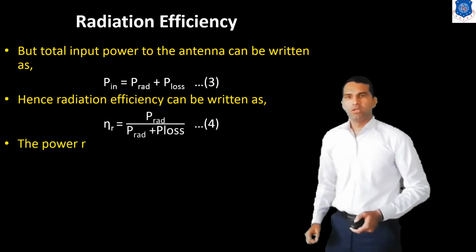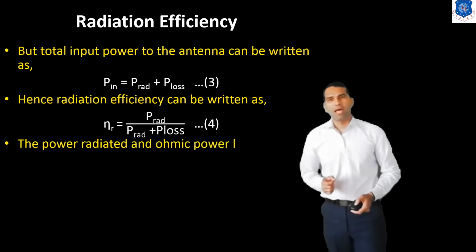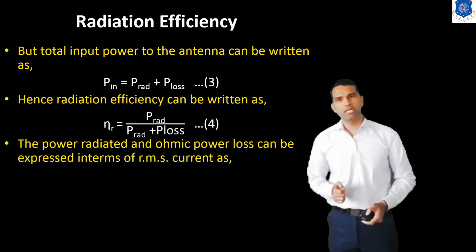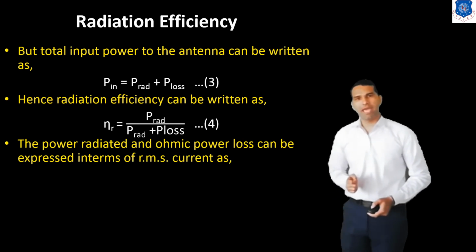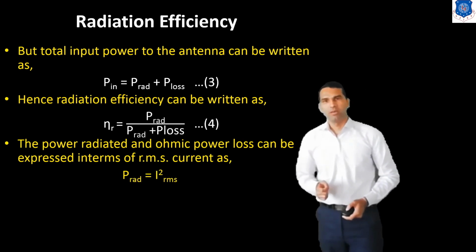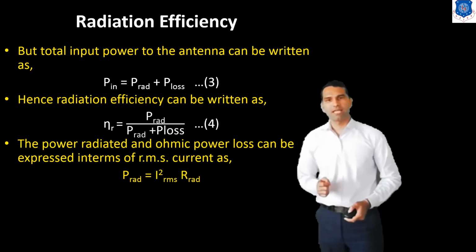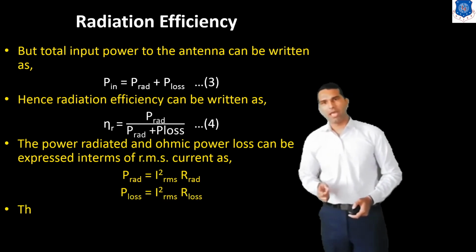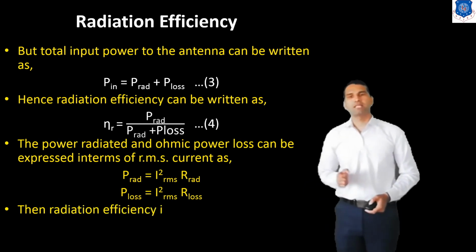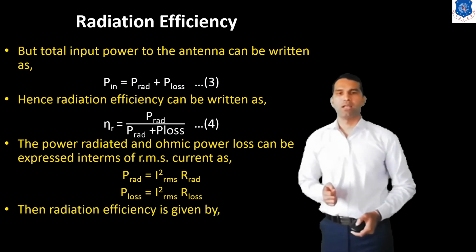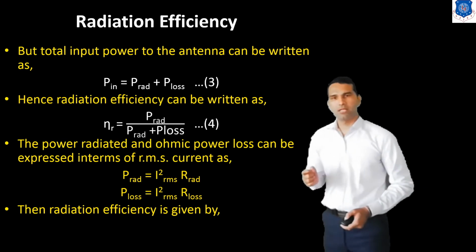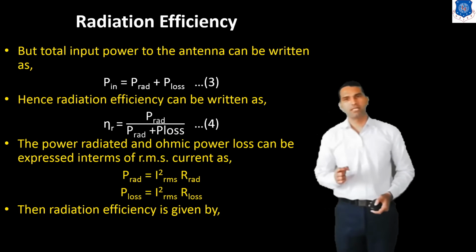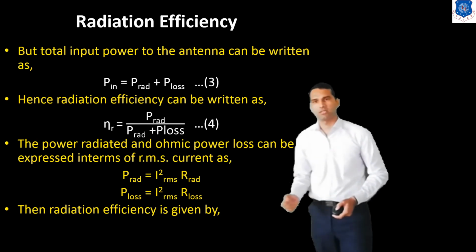The power radiated and ohmic power loss can be expressed in terms of RMS current as P radiate equals I squared RMS into R radiate, and P loss equals I squared RMS into R loss. Here R radiate indicates the radiation resistance, and R loss is the loss resistance.